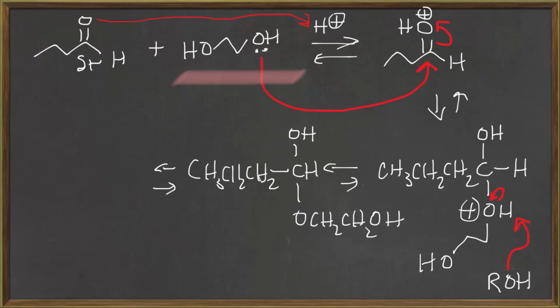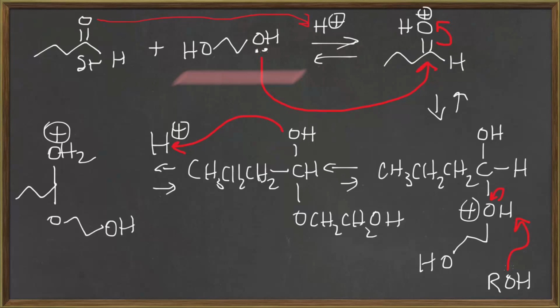So protonation is going to take place, to convert this to a good leaving group. And now I'm going to switch back to line structure because I'm running out of room. And there's my intermediate. And what do you think would happen next?